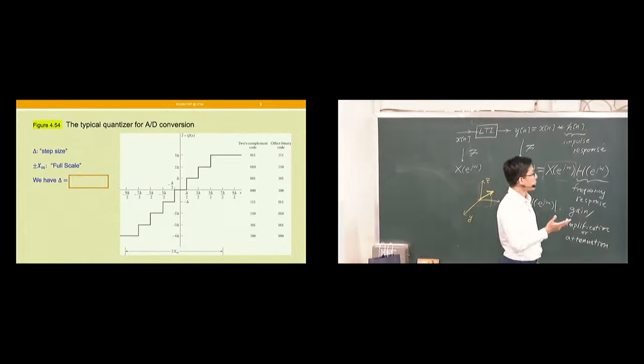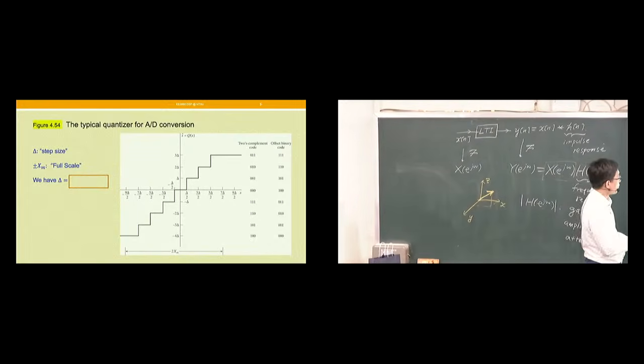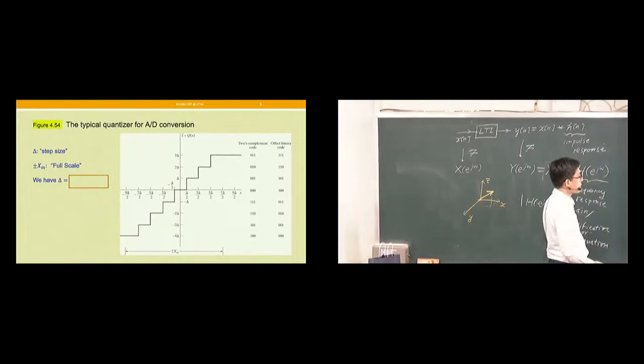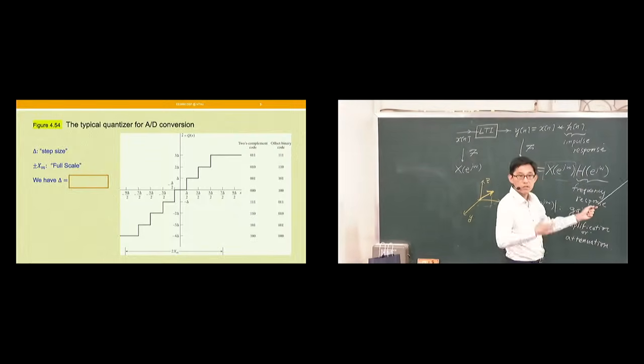This figure is showing us an example where we have a rounding operation, nothing but rounding, and we have 8 levels which enable us to create 3-bit representations for each number. So far so good. Does it make sense? It's just rounding to the nearest level.